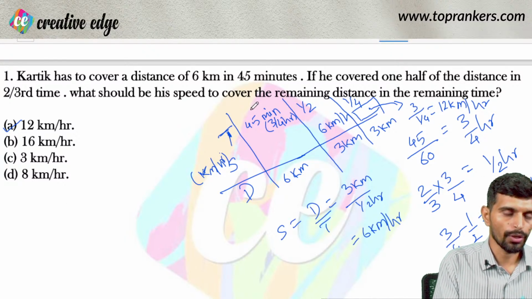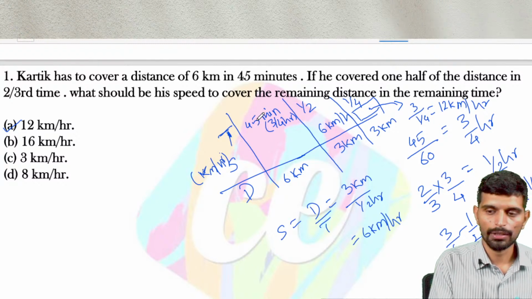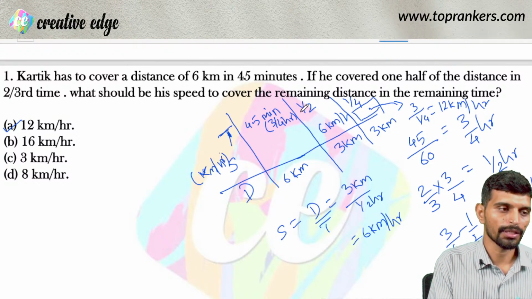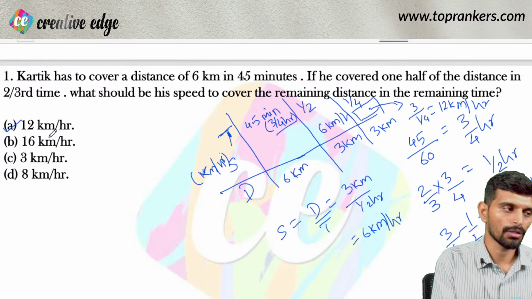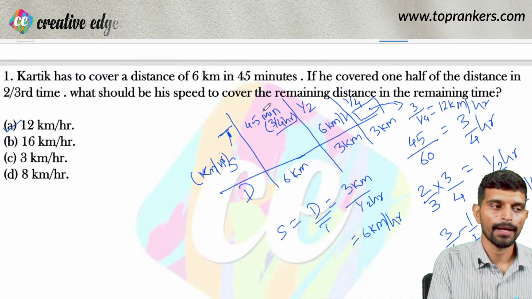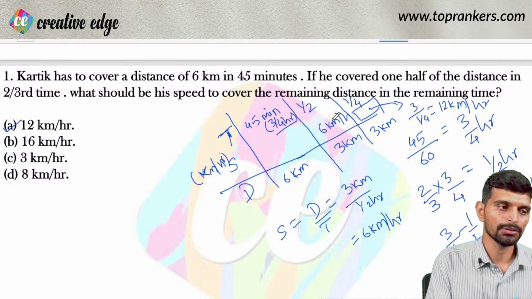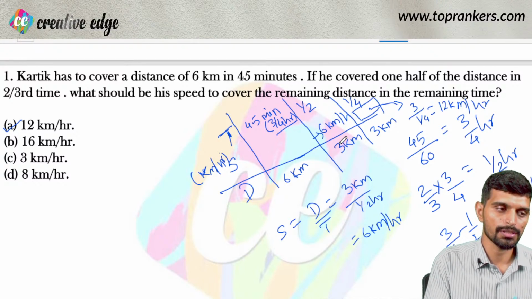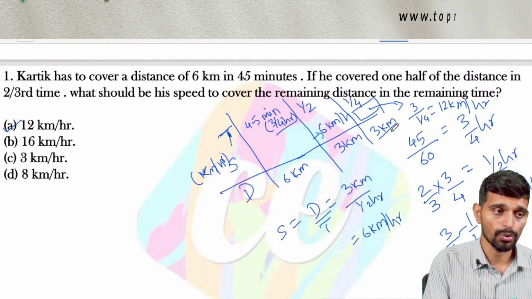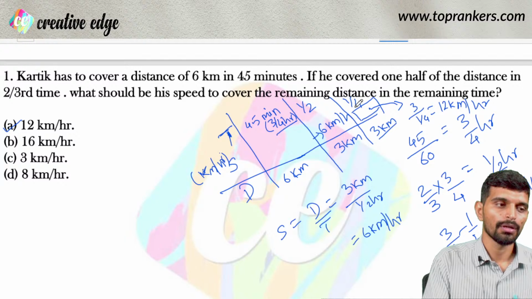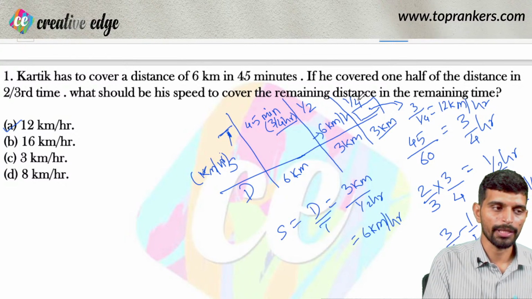Let's recall what we did. We calculated the time in hours because the speed is in kilometers per hour, then calculated the time used to cover half of the distance in hours, and with the help of that we calculated the speed at which that distance was covered. Then we subtracted this distance from the total distance to get the remaining distance and the remaining time with Karthik.